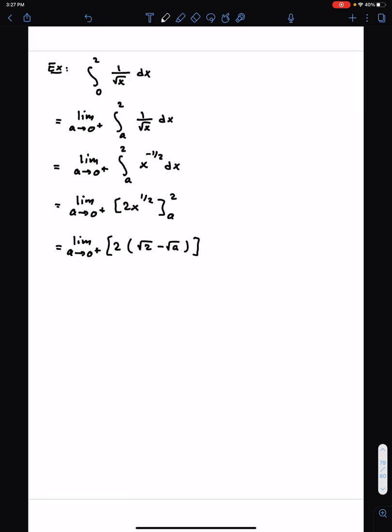Since a is approaching 0, if I take a limit, this is 2 times root 2 minus the square root of 0, which is 0. So this integral converges to 2 root 2. So even though this function is unbounded, it has finite area under the curve.